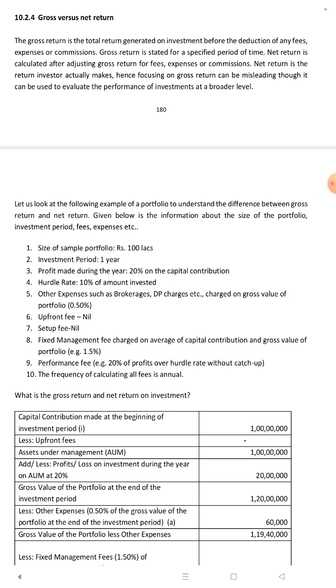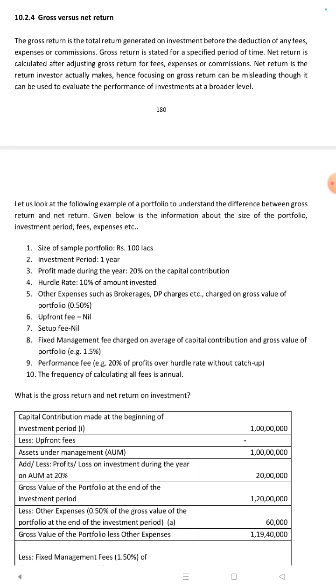Net return is the return the investor actually makes. Hence, focusing on gross return can be misleading, though it can be used to evaluate the performance of an investment at a broader level.